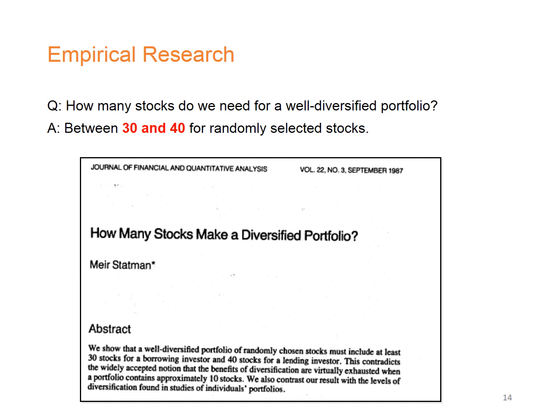Well, according to the research of Stedman in 1987, the number of stocks to make a well-diversified portfolio is approximately 30 to 40 stocks. I hope you can read his original journal article to explore how the research is conducted and indirectly broaden your knowledge.